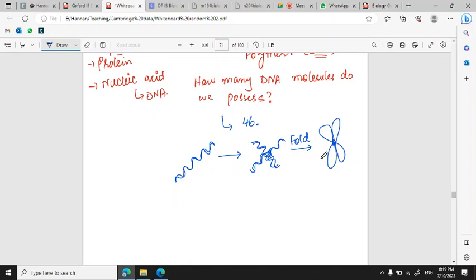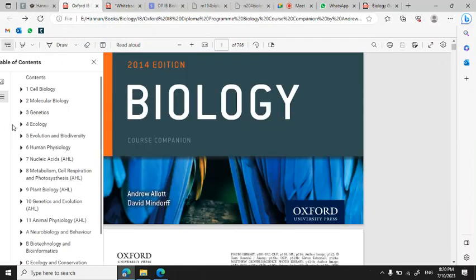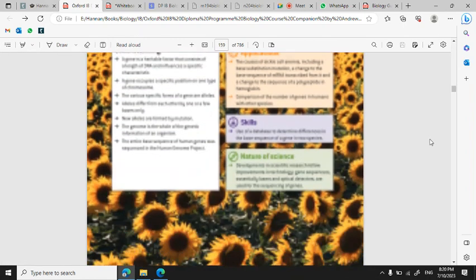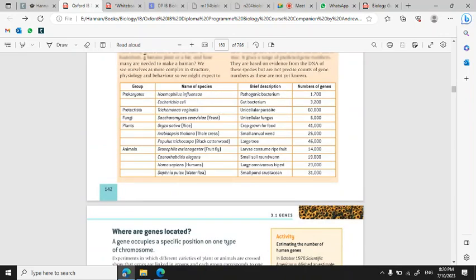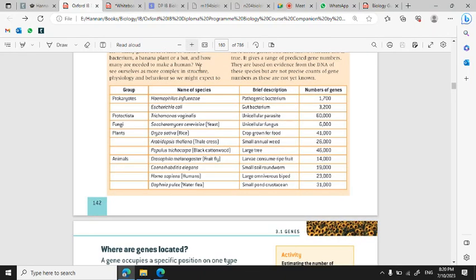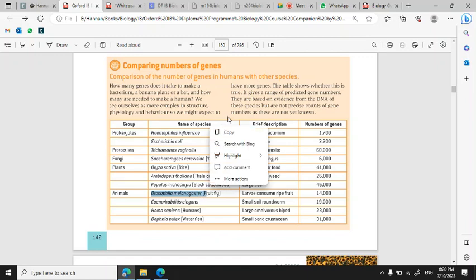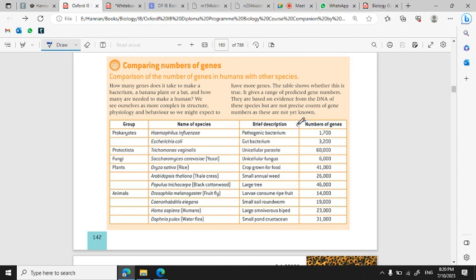Now it means that if we have 46 DNA in one nucleus, we can compare it with some other organisms, so let's refer to the book. If we look at this table, you can easily see that we may have different numbers of chromosomes in, let's say, Drosophila. Drosophila has only 8 DNA. I'm not referring to this column, please don't look at this one right now.